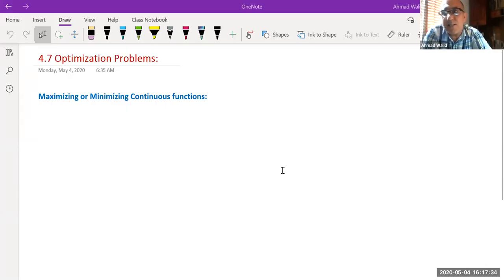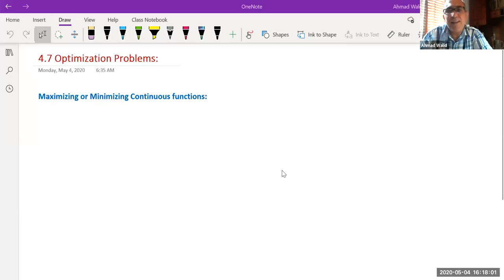Your boss is asking you for a special product, how to minimize the cost of the product, or how to maximize the profit. Or you're an engineer and you are working on a pipeline, how to minimize the cost of that pipeline.